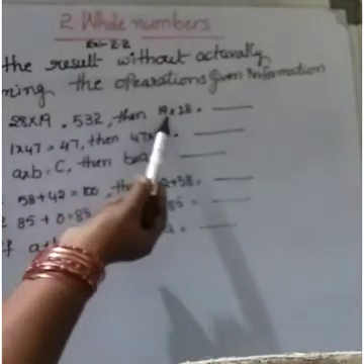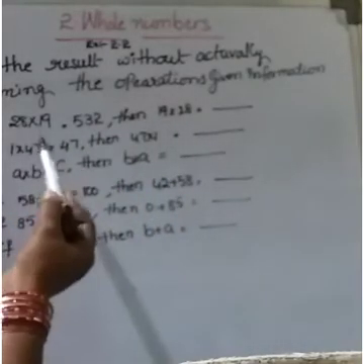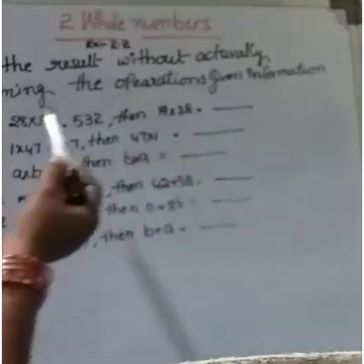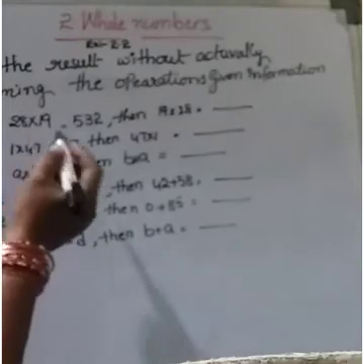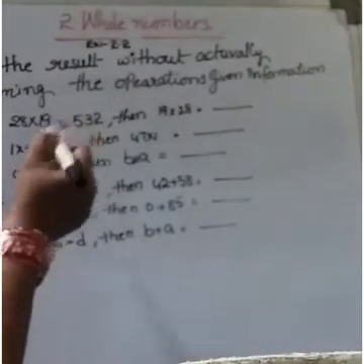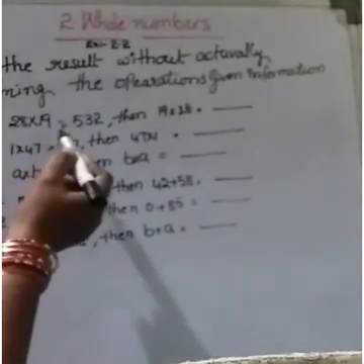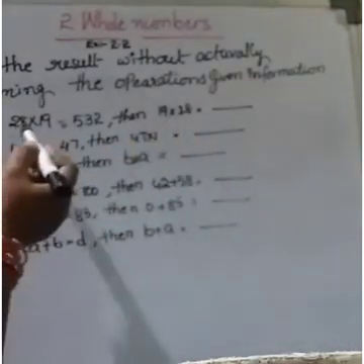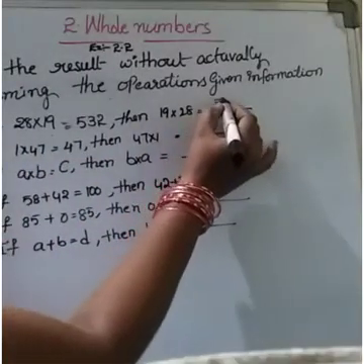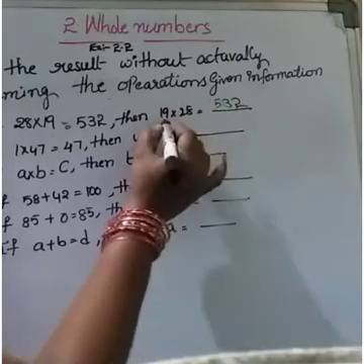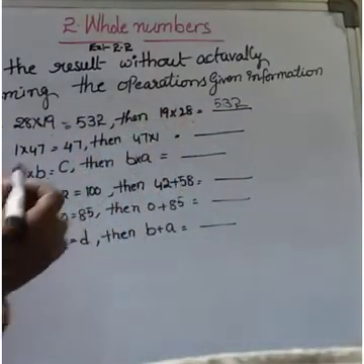Then 19 into 28. Here only the places of the numbers change, 19 moves this side and 28 moves this side. So the product is also the same. In multiplication, 28 into 19 and 19 into 28 also give the same answer. So the answer is 532.